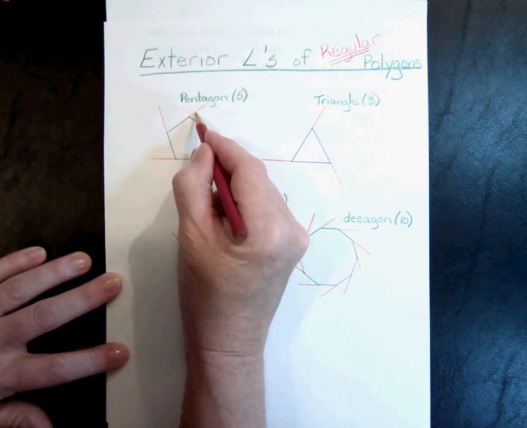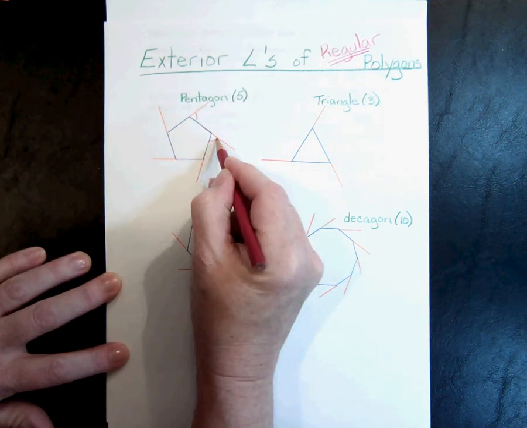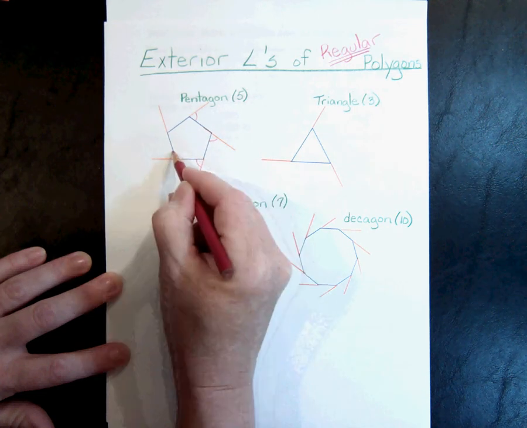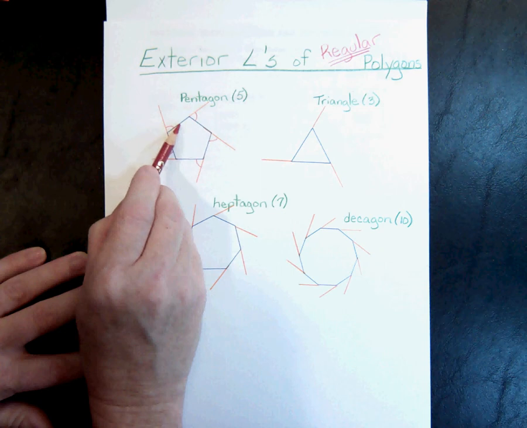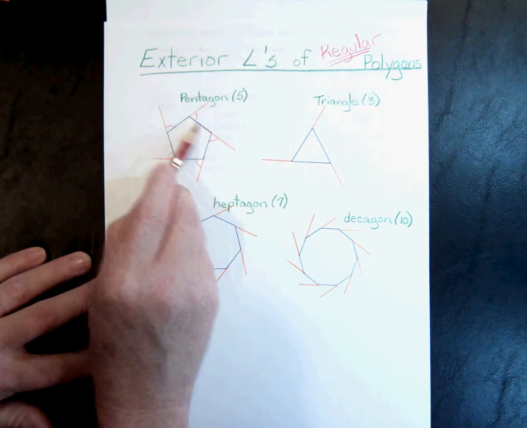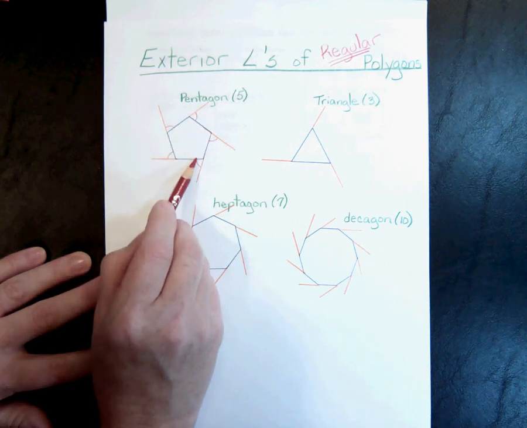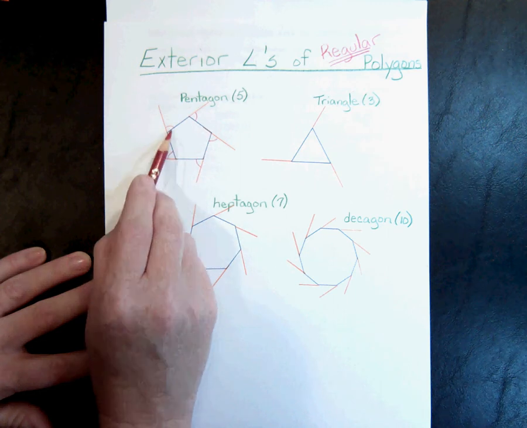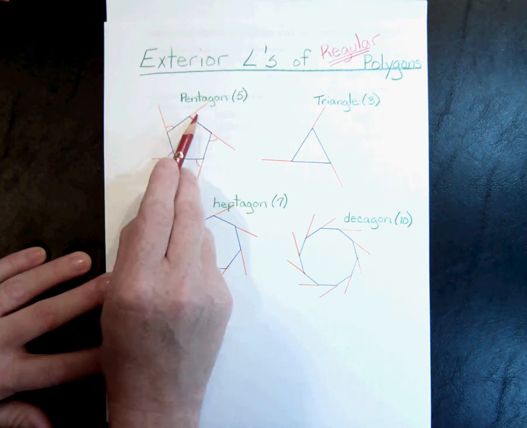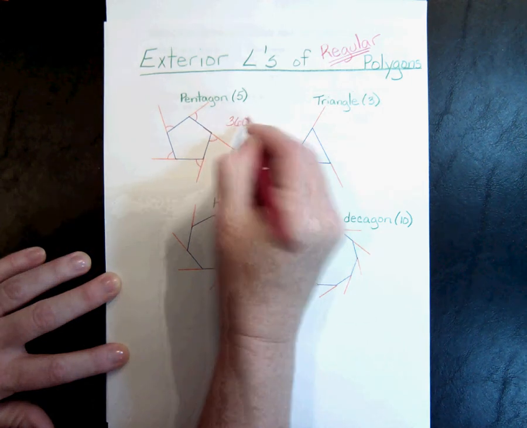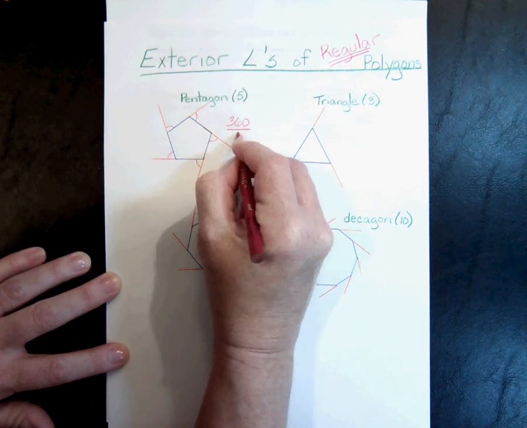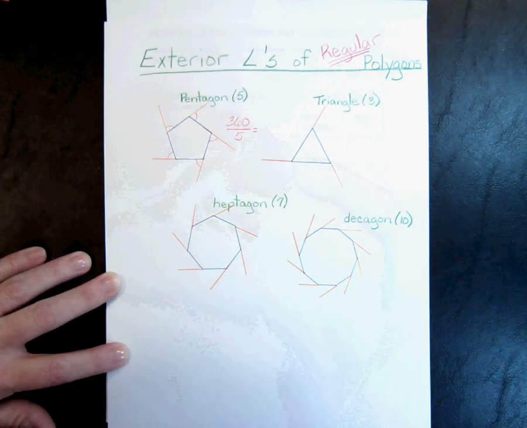To get the measure of each angle, only if it's a regular polygon, which means all of these side segments are exactly the same and all the angles would measure the same, you would divide 360 by 5 to find each angle.